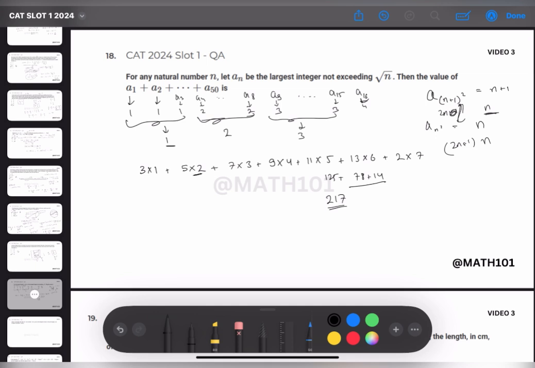Then a9 to a15, those 7 numbers would be mapped to 3, and so on. This will continue till n equals 6. So a36 to a48, those 13 numbers would be mapped to 6, and a49 and a50 would be mapped to 7.